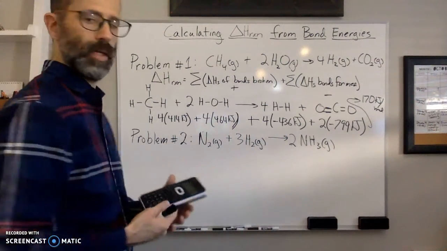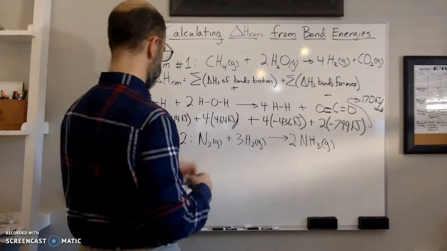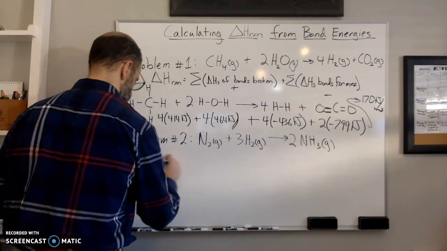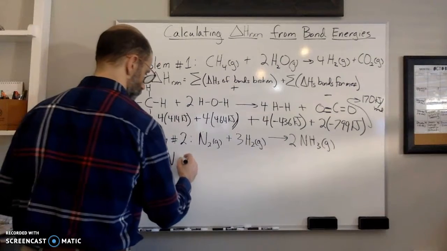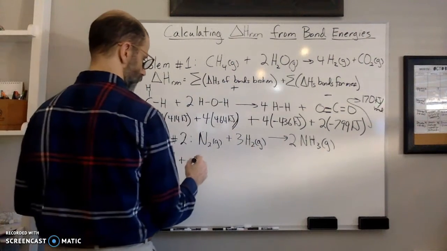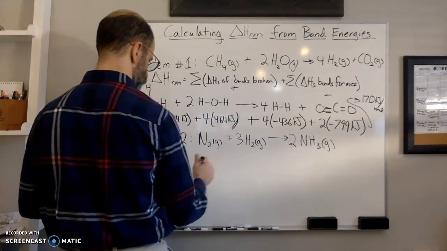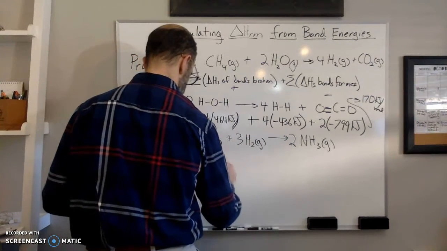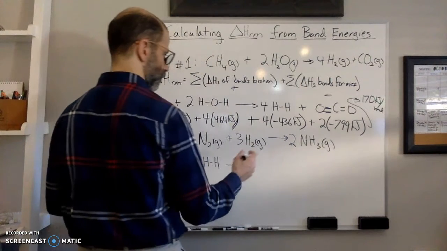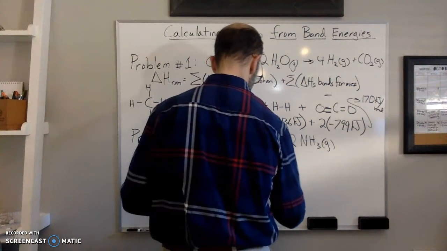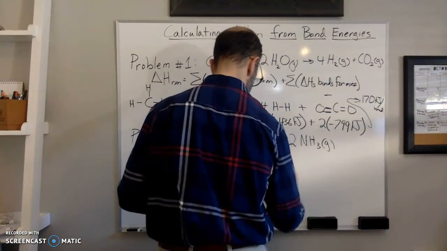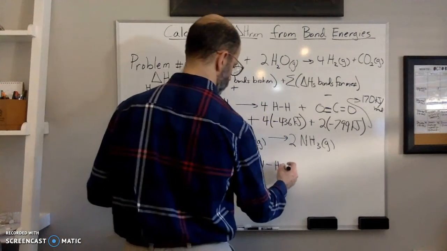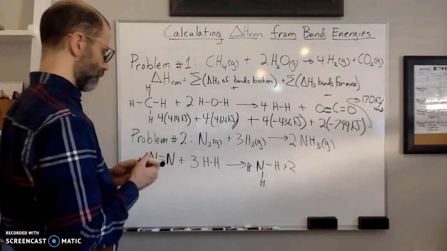The second one, same thing going on. We have nitrogen with a triple bond, plus, again, three hydrogen molecules, so H single bonds, and that's going to go to NH3, and we have 2 of those.